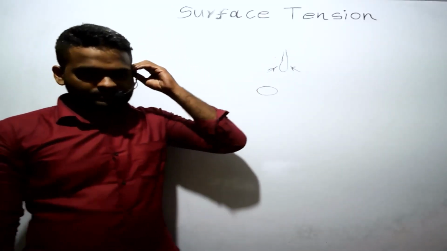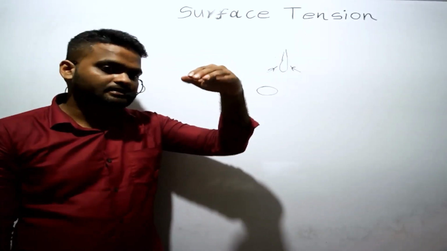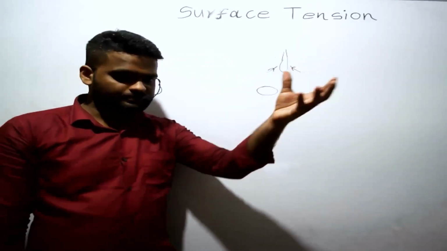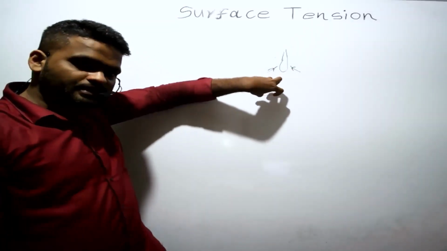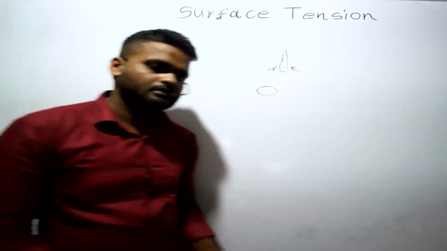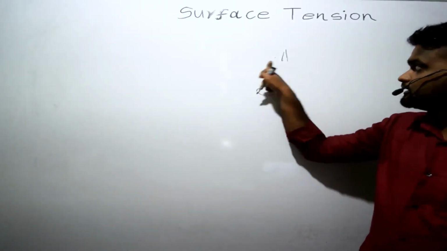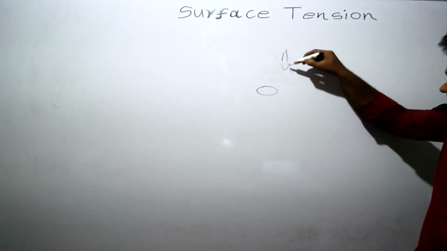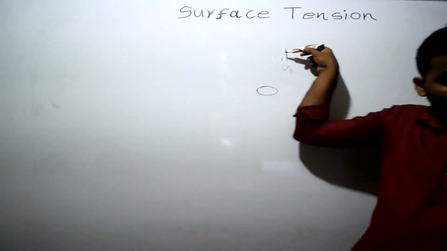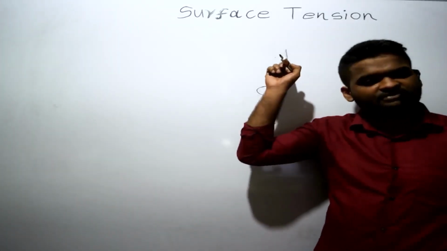I don't know whether you have seen them in a satellite. If they release some water, they quickly take the shape of a sphere because those are free falling objects. The thing is, air resistive forces are higher than the surface tension forces, so they take a different shape.